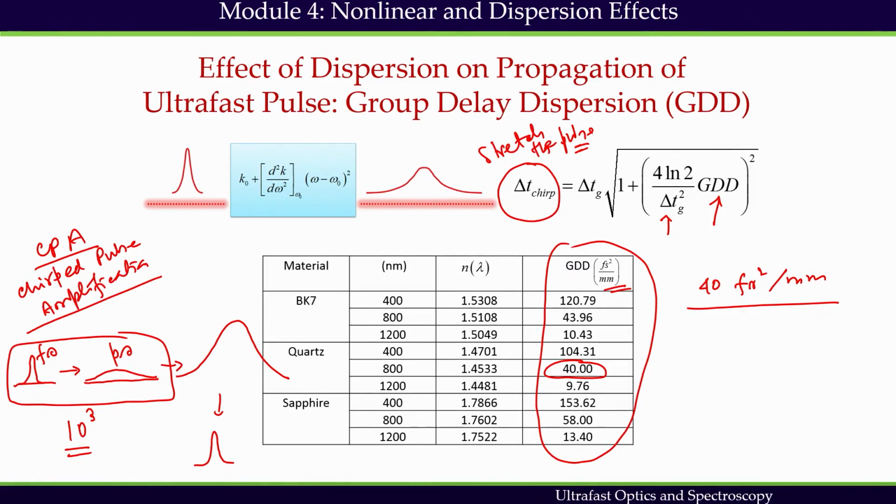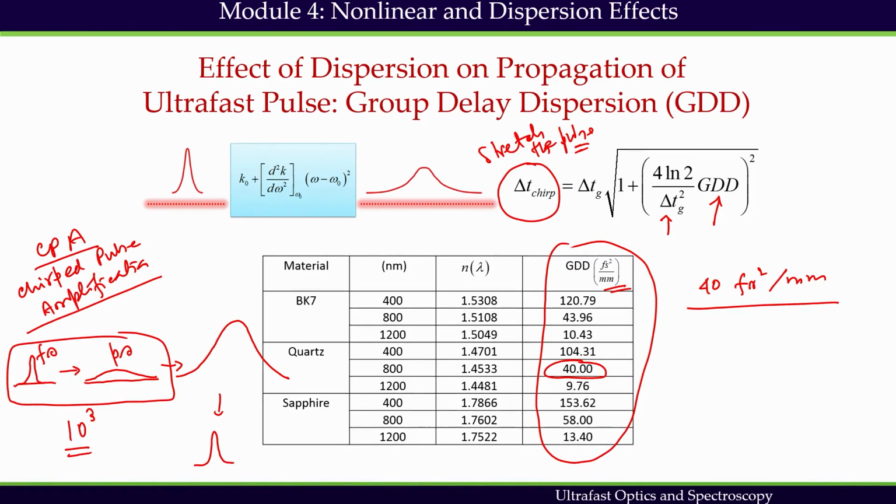Now, a chirped pulse can be obtained, we know, simply by propagating a short pulse through an optical medium. So one can suggest that we want to stretch the pulse, so we can just propagate the short pulse through a medium, such as, let's say, quartz.